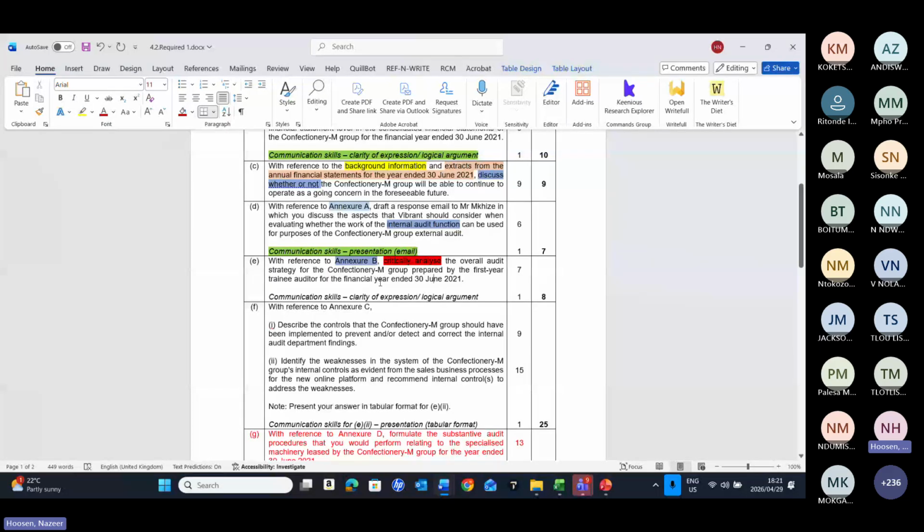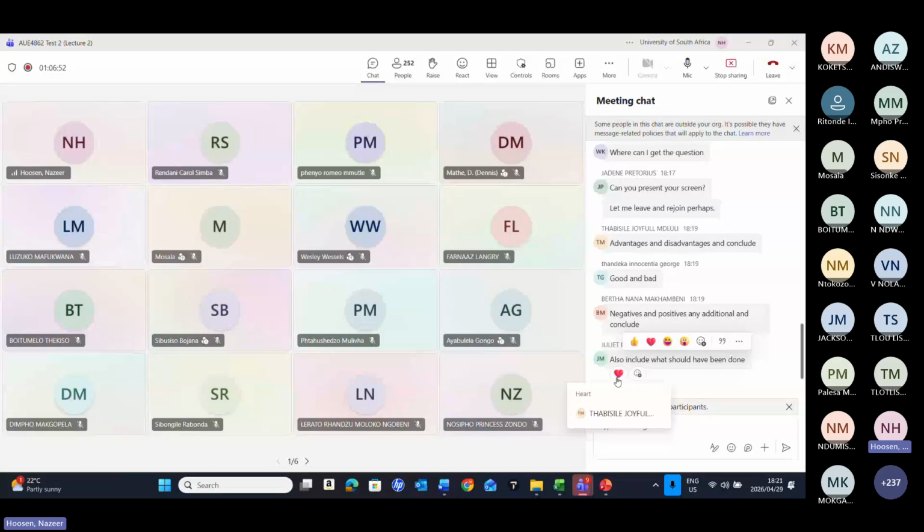So now in terms of this critical analysis, what would be done would be the positives as well as the negatives, and evaluations of other aspects that should also be done. You know, there should be other aspects of what should be done.